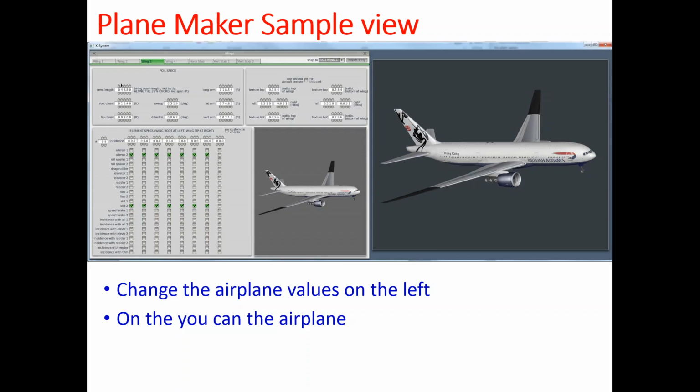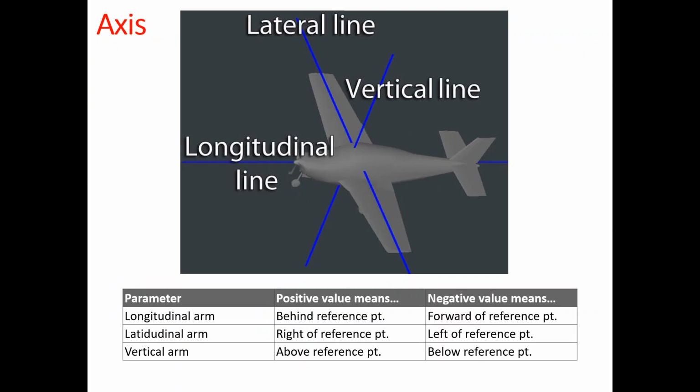We'll go over this in detail, but essentially you are going to give it the root to tip length, and then root chord, tip chord, sweep angle, whether it is dihedral or anhedral, or does it have any angle in that region, and so on and so forth. Okay.